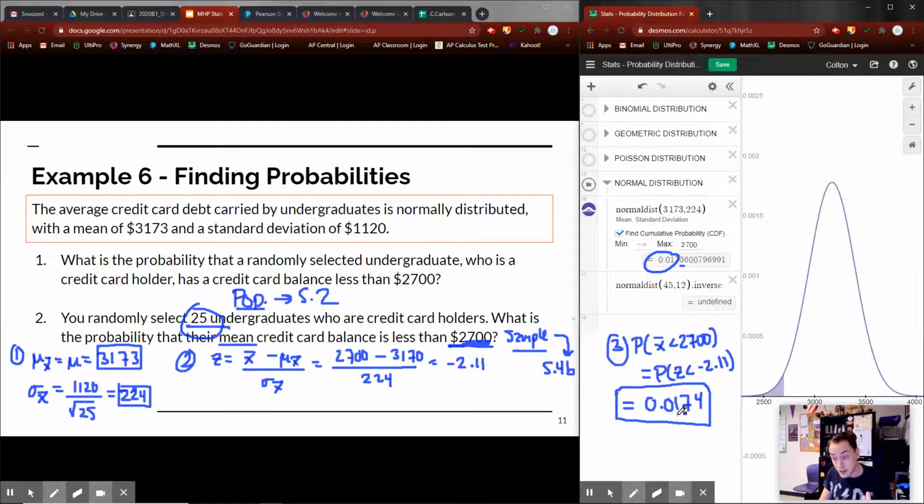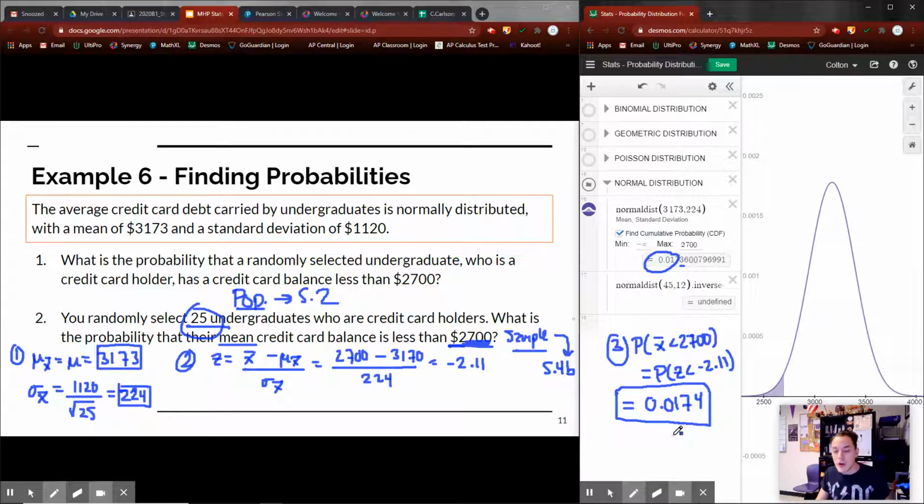So that's actually really good, right? So your average college graduate has less than $2,700 on their credit card. That's really good, I think. And when I had a credit card when I was an undergraduate, I didn't have that much on the credit card. So yeah, I was part of that statistic.